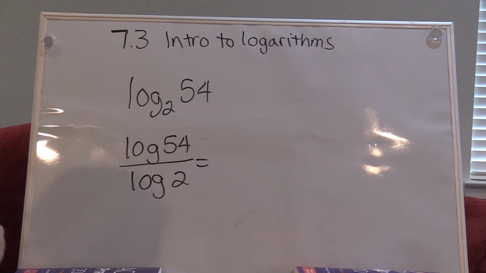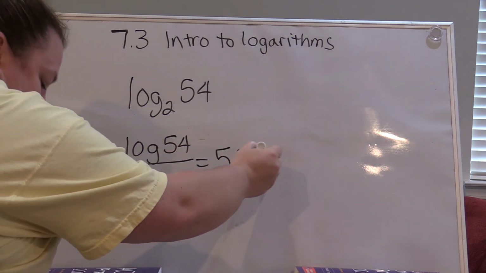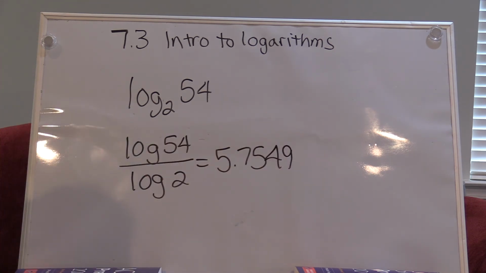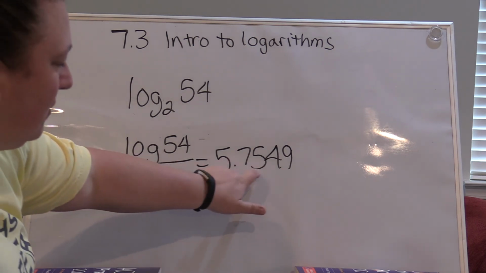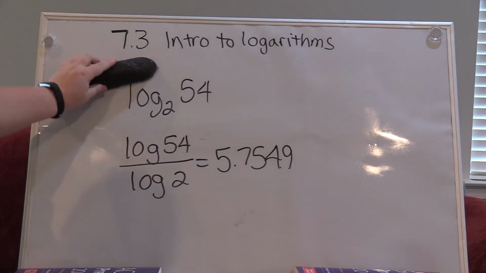So when I plug this in my calculator, I get 5.7549. When we use logs, if it's not terminating, we always round to the nearest 4 decimal places. 1, 2, 3, 4. And then I'm going to do one more with you.